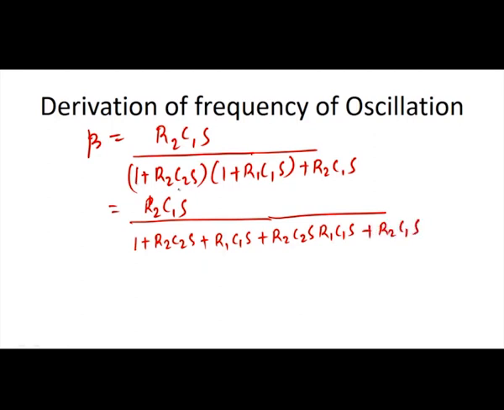If you multiply this 1, you will get 1 into R1 C1 S, you will get R2 C2 S, right. So now you take the common terms. If you have S, then take S out, and if you have S squared, you take S squared out. So 1 plus, you have an S term here and another S term here.